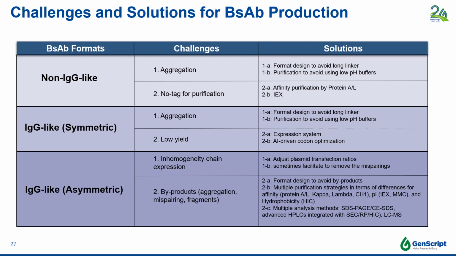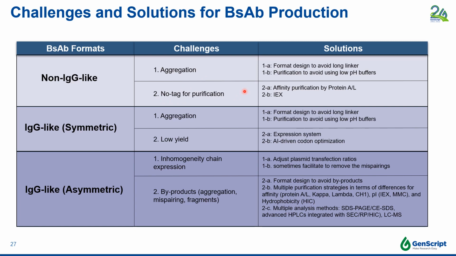Here is a summary for BsAb production. Different BsAb formats come with different challenges. For non-IgG-like formats, the first challenge is aggregation. As I mentioned before, if you cannot avoid using a long linker, please try to avoid using low pH. The second one is purification.